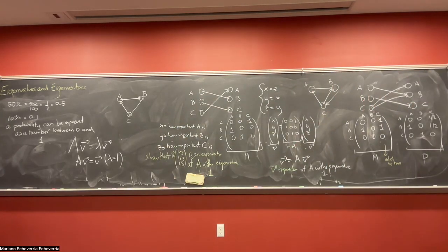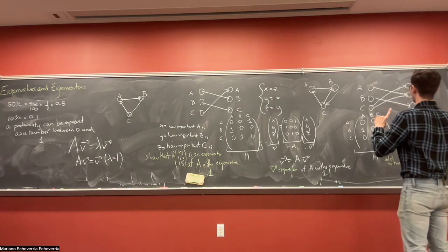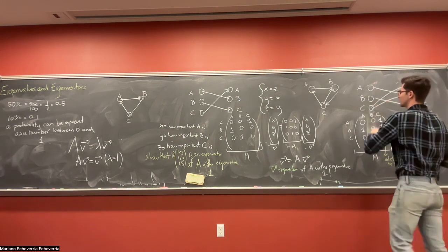Okay, maybe let me do it for the other one, because this could be a little bit too confusing, since this matrix has almost nothing really going on there. So let me try to explain it here.